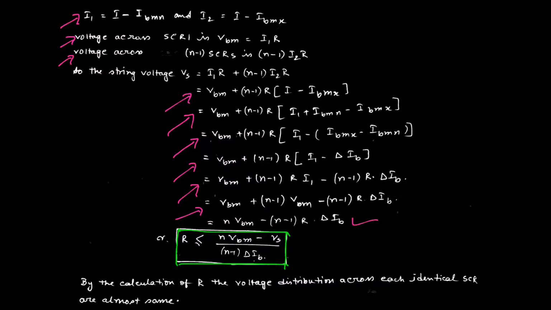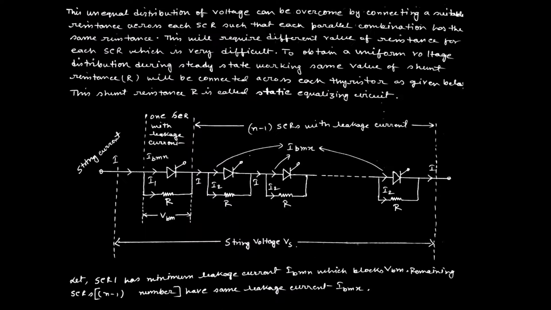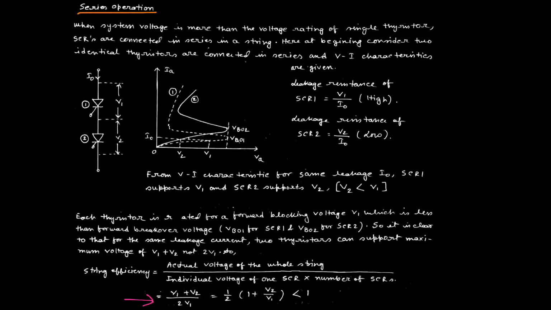That means previously we have seen that the voltage was distributed across each SCR, that was V1 and V2.